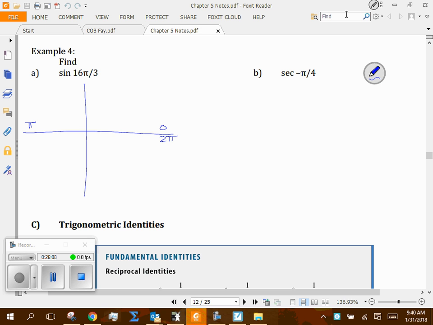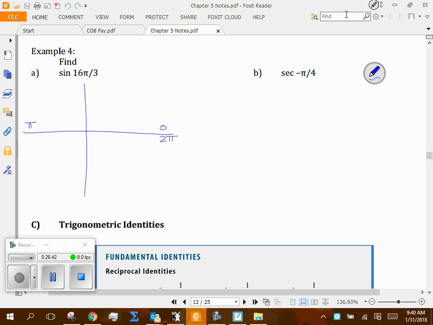Now, what's hard when we're dealing with radians is that generally speaking, your radians are going to be some kind of fraction. And it's really hard to compare 2 pi with 16 pi over 3. It's hard to compare pi with 16 pi over 3. In order to compare fractions really easily, it's nice to have the same denominators, because if the denominators are the same, then the comparison is only about the numerators, right?